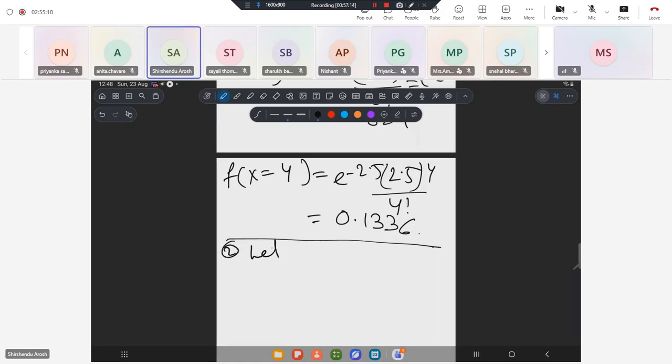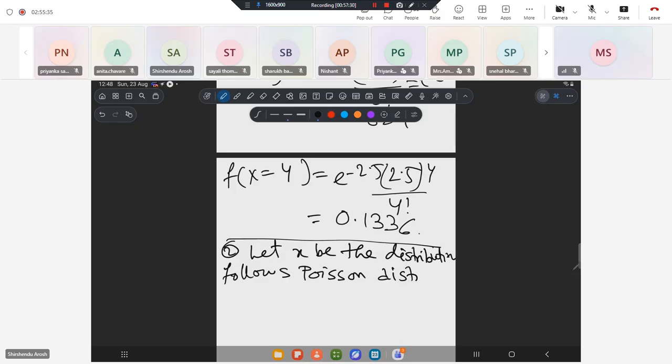So let x be a random variable that follows a Poisson distribution, where the probability of x equal to 1 is equal to the probability of x equal to 2.